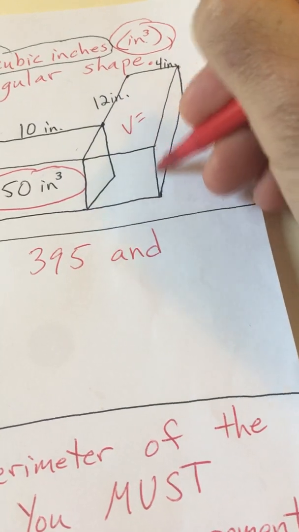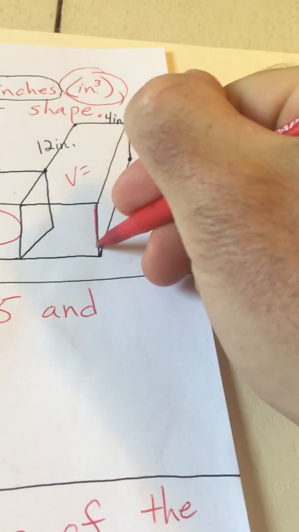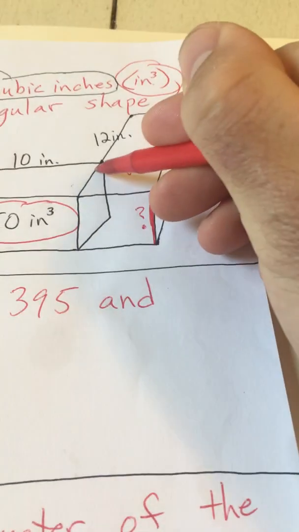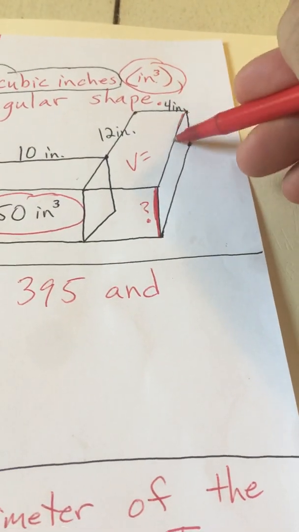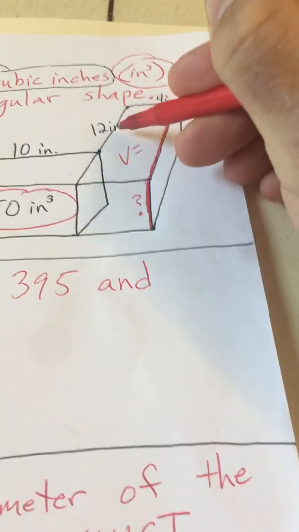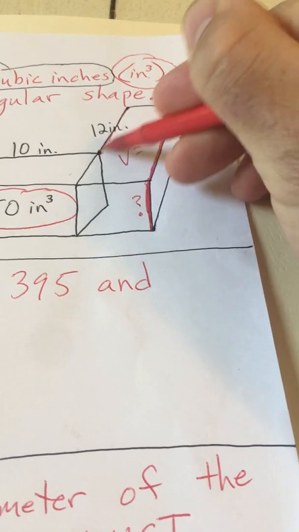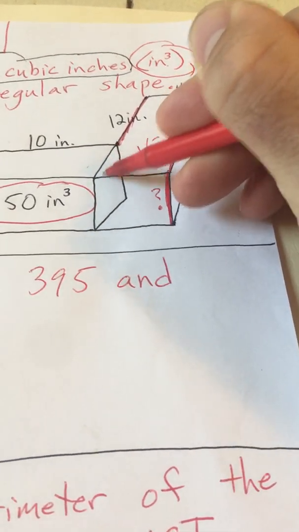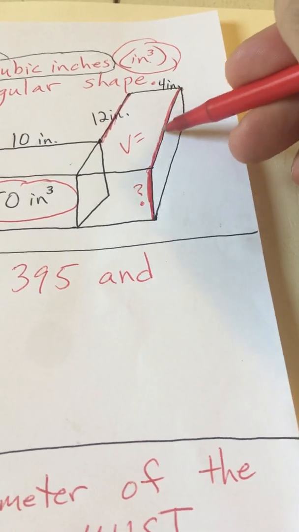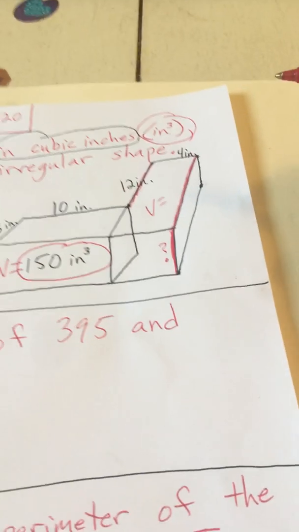So we need to find out what's the height, that third dimension. And we also need to figure out what's this whole side, because all we have for the length is this section. We need to find out what's this, and add it to 12 so that we know the entire length of this rectangular prism here.